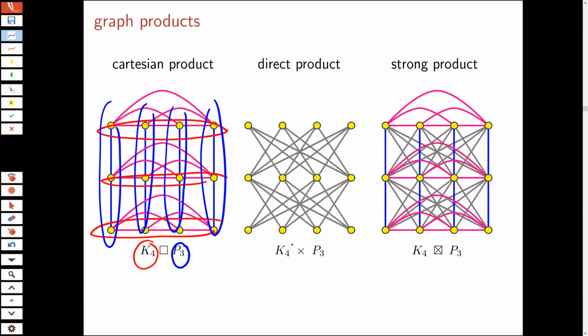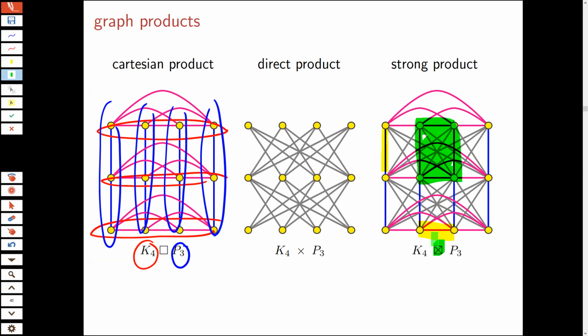So for every edge, if I take this edge and this edge, then you look at the corresponding 4 vertices in the product, and they will form a K4. That's why the notation matches. So I'll be talking mainly about strong products. But before I jump to strong products, there's a useful property of the direct product.